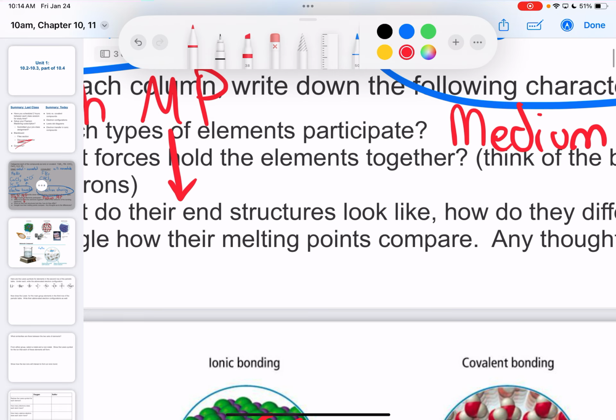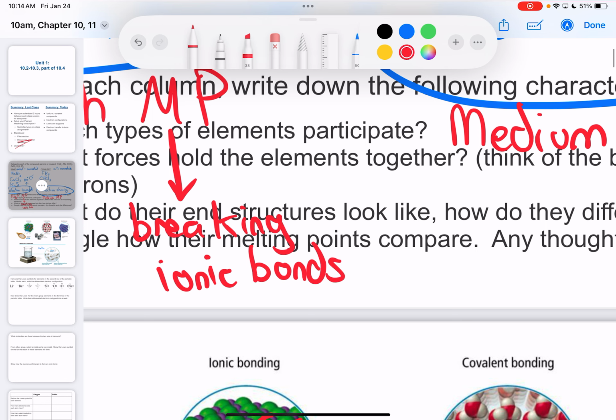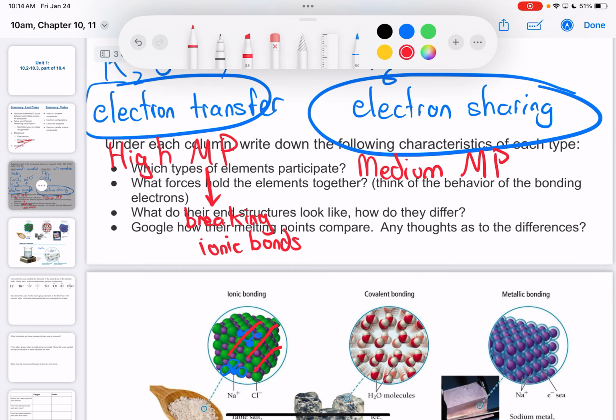So melting requires breaking ionic bonds when you're talking about an ionic compound. Now, covalent bonds are not weak. That's often what people think of when they think, oh, well, they have relatively low melting points. They're like, oh, covalent bonds must be so much weaker than ionic. No, that's not the case.